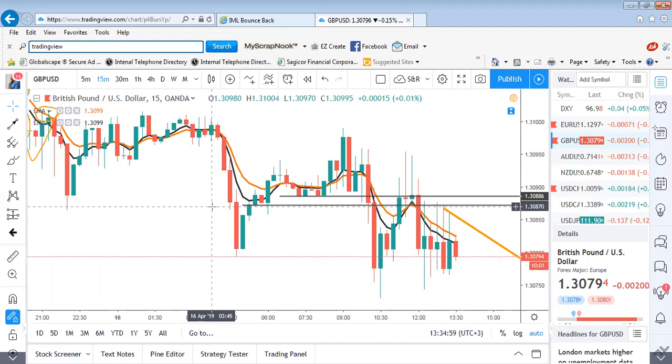These are things that you can use to identify in conjunction with the MACD. So the moving averages are really, really handy. Understanding support and resistance is really good when you're drawing up your trend lines, even on a bounce back.